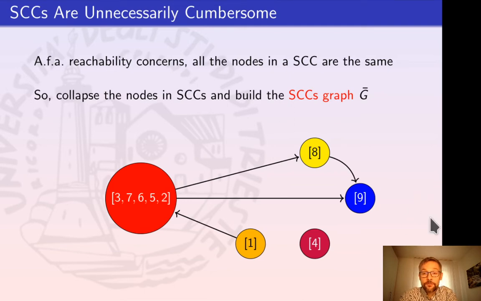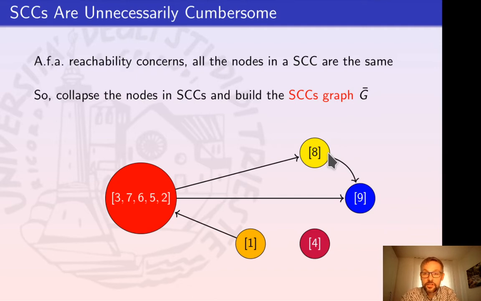Now, of course, all the internal edges among the nodes of the strongly connected component are removed, while all the edges moving from one strongly connected component to another strongly connected component are replaced by, of course, an edge. So every edge moving from a strongly connected component to another is represented by another edge.